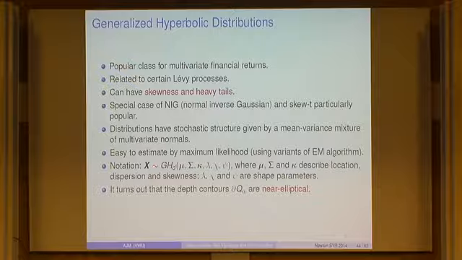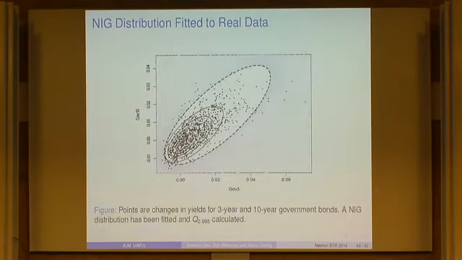Now, the interesting thing about these distributions is that they aren't generally elliptical, unless you set the skewness vector to be 0. But even for quite skewed examples, it turns out that the depth contours are near elliptical. Just to give you an example, these are real data points, related to yields of government bonds in the UK, so it's data on changes in yields.